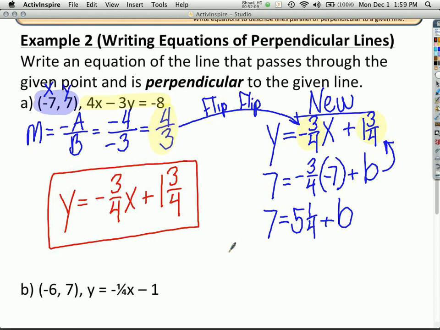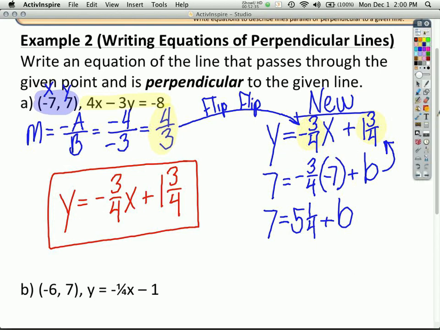So the only difference between what we did just now and what we did before was this right here. Flip the sign, flip the number, flip the number, flip the sign to get the new slope. That was it. Everything else was the same. This process was the same. Finding the original slope was the same. Any questions about that?